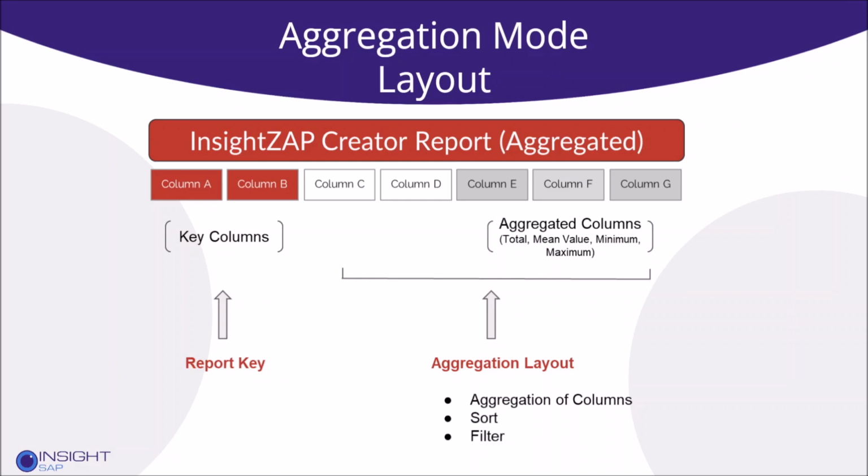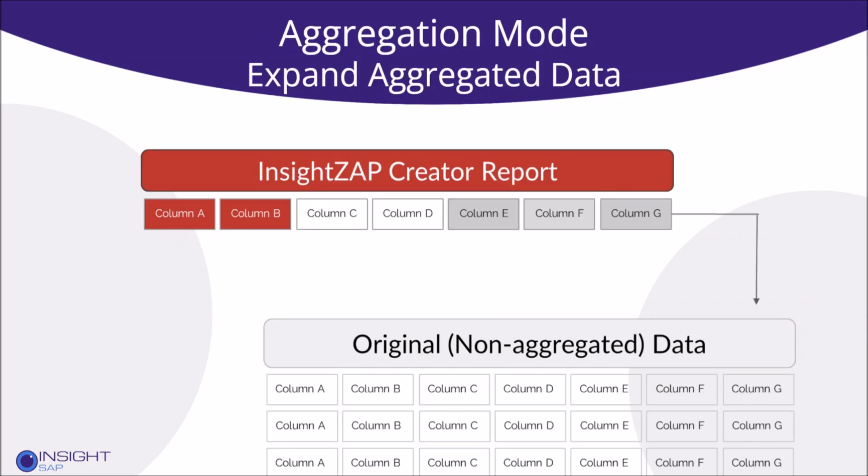In our case, in VA05N, the net value could be aggregated, summed together to the total, and the document date could use the maximum value, which is the last document date. Last thing is, we are not losing the information we aggregated, the sales orders themselves. We can easily expand and see the aggregated data.